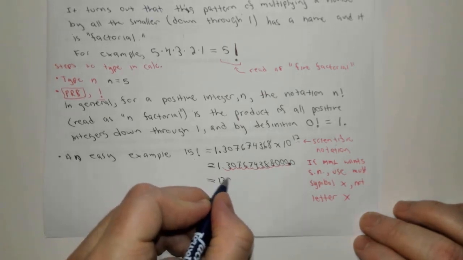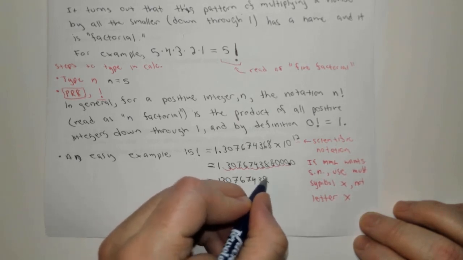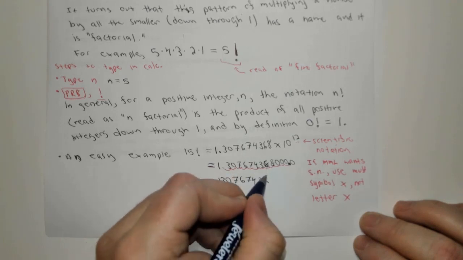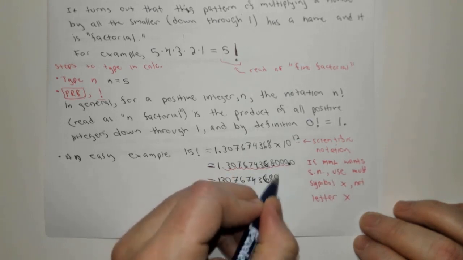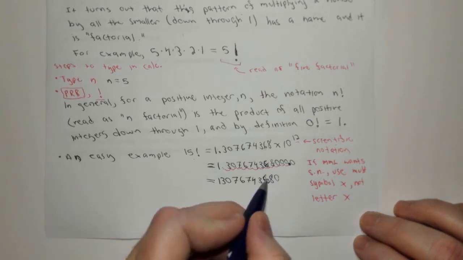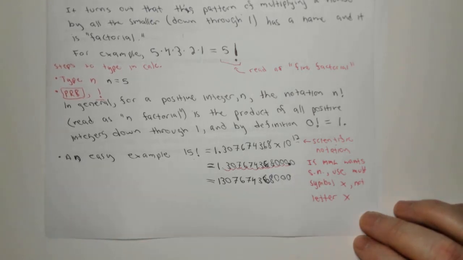So that's 13073836836. Okay. And I have how many zeros? 3 zeros that count. That's a decimal. So this number is huge.